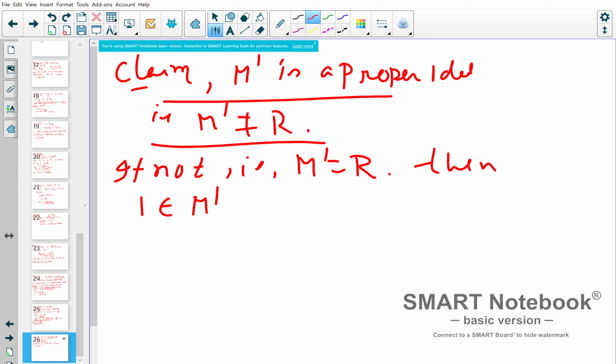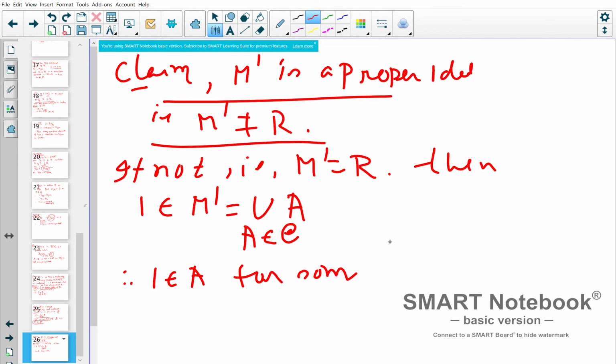So one is an element of m dash, and what is m dash? M dash is the union of all A belonging to C, right? So if one is in a union of some ideals, what does that mean? That means one belongs to A for some A, which is an element of C, and C is a subset of P, right? But this is a contradiction, right?